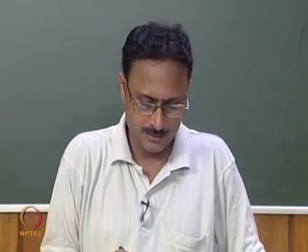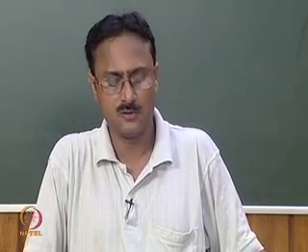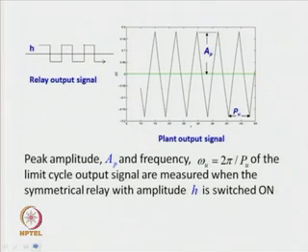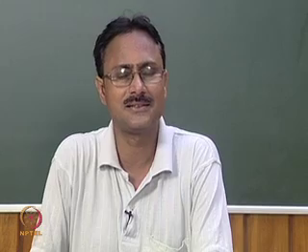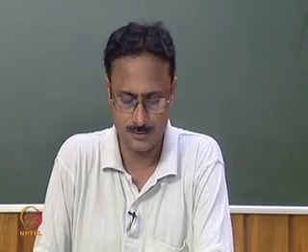So, when we have the relay in the loop, the relay output signal will be like this. The relay output signal will be symmetrical. Why that is so, we shall see in our subsequent analysis. Why do we get a symmetrical relay output signal in spite of the presence of the controller in the loop?